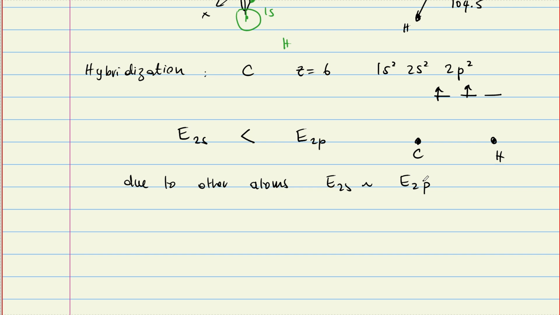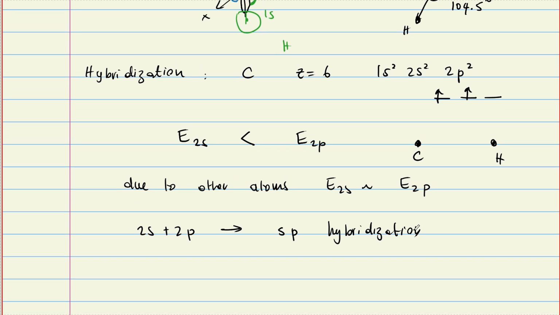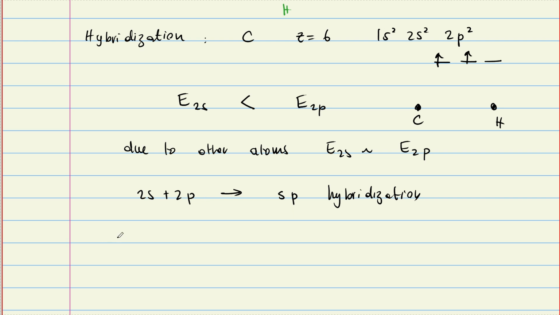And there are different kinds of hybridizations. You are going to take these 2s and 2p and have so-called sp hybridization. For example, we can do sp3 hybridization, sp3 hybrid.